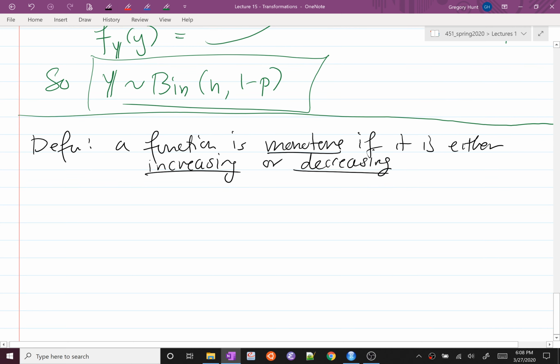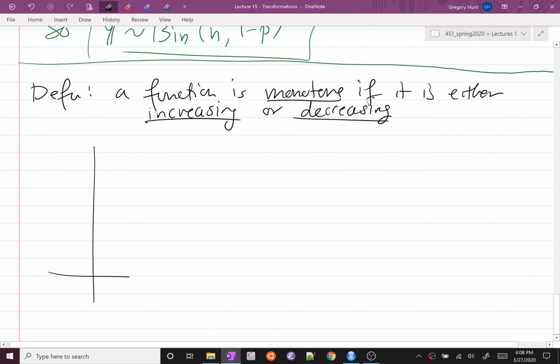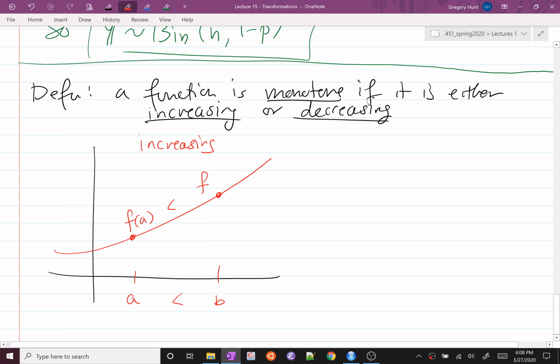An increasing function will look something like this. And for an increasing function, if I look at two values, a and b, where a is less than b, if this is increasing, then f of a will be less than f of b. Or, sticking to our notation, g of a will be less than g of b.